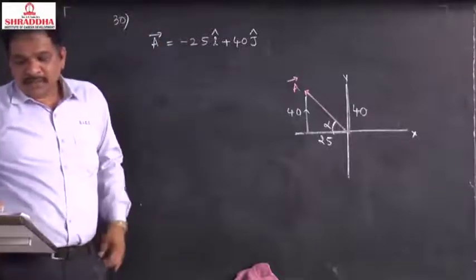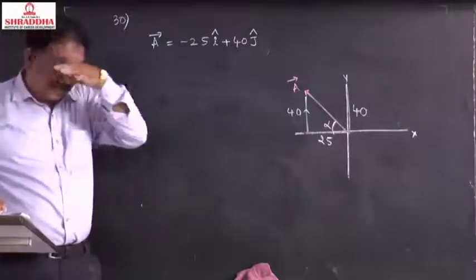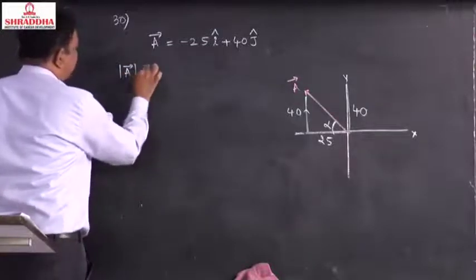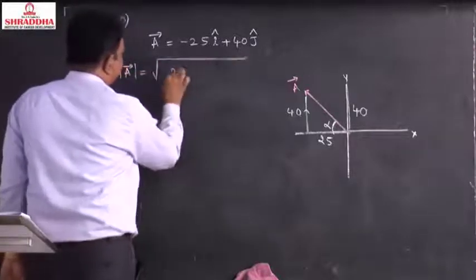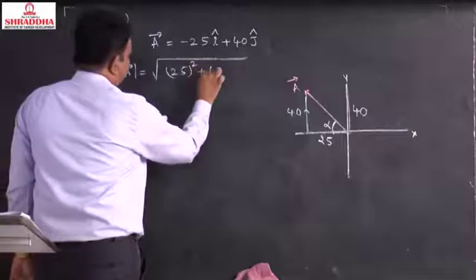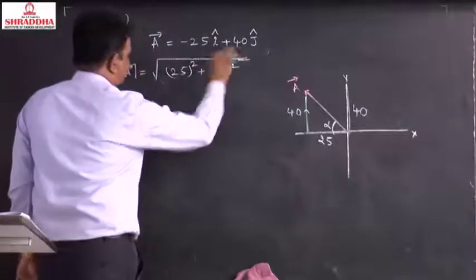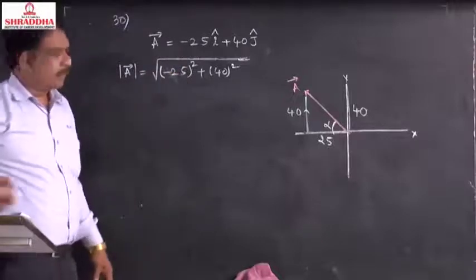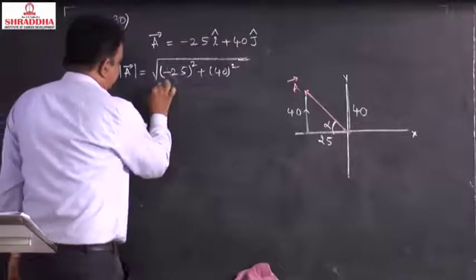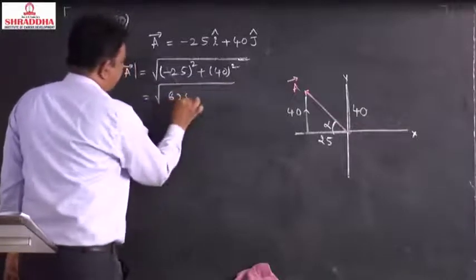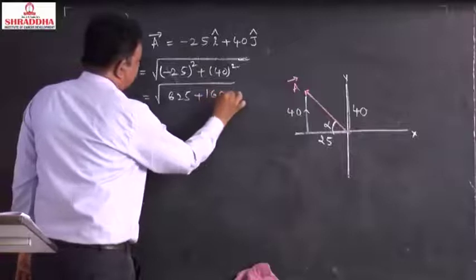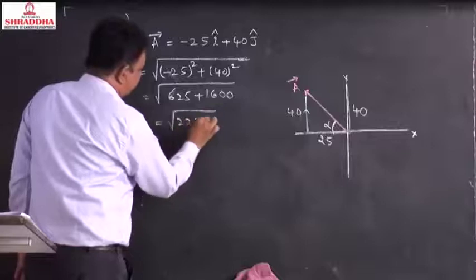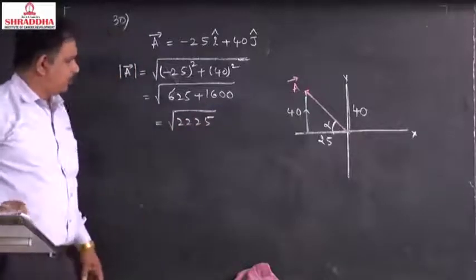Okay? Then what we will get here, see, first we will find magnitude. Modulus of A bar is equal to 25 square plus 40 square. If you take minus 25 also, it becomes plus only. So this value 625, this is 1600, this will be 2225.